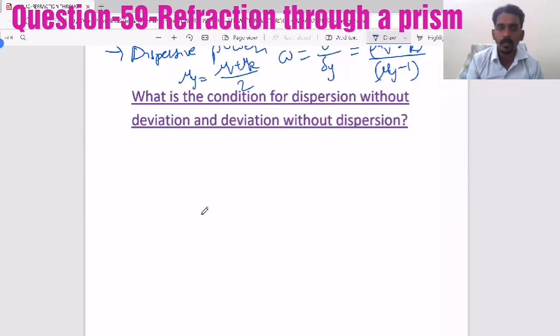Now the next thing we have to understand is that sometimes the question can be asked based on dispersion without deviation and deviation without dispersion.